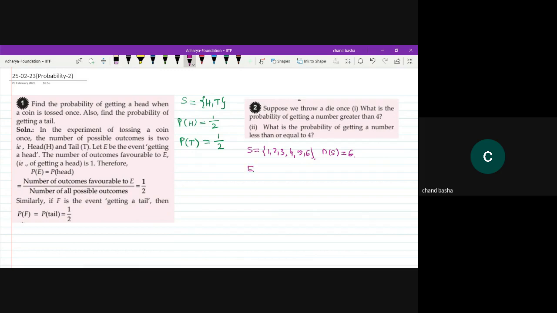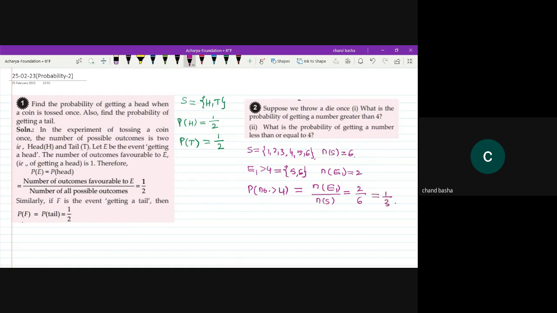So E1 be an event which is greater than 4. That means we can have just 5 and 6. So n(E1) is equal to only 2. So probability of number greater than 4 is equal to n(E1), only 5 and 6, divided by n(S). n(E1) means it is 2 divided by 6. Your answer is 1 divided by 3.